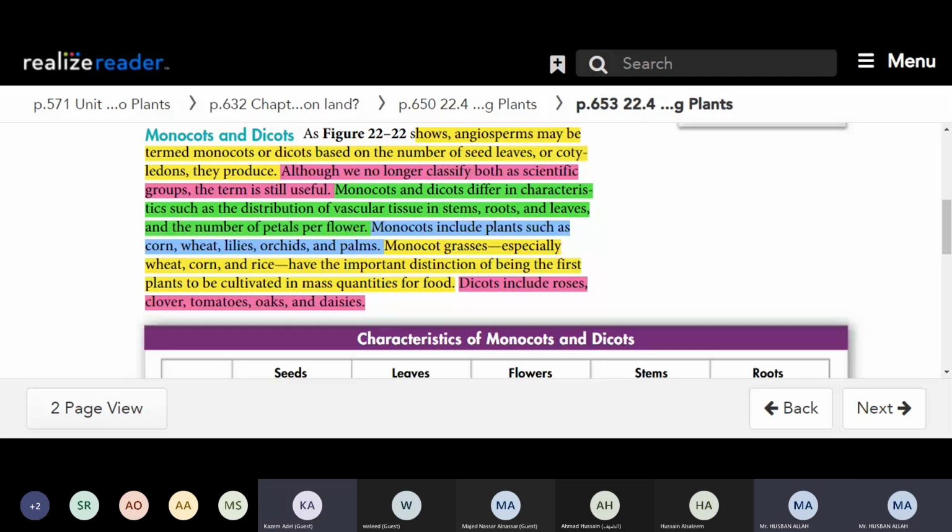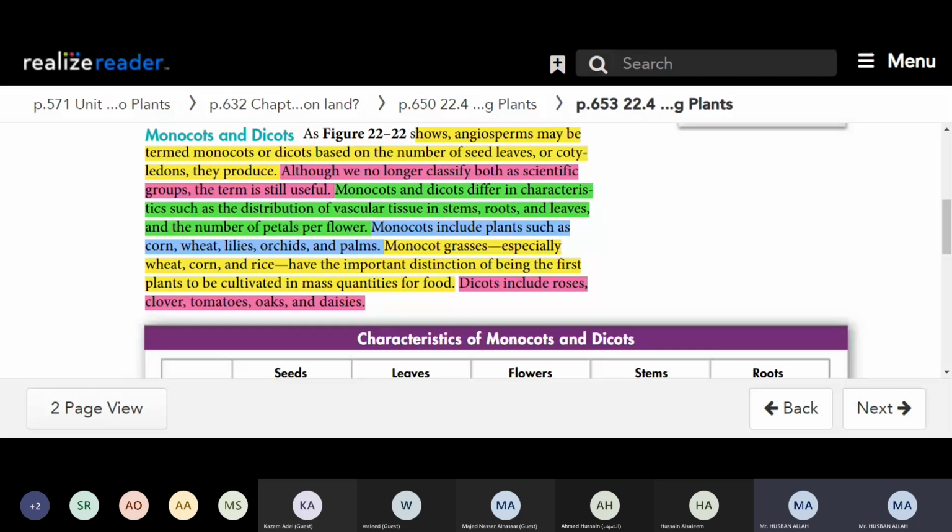Okay. So now if you look at figure 22.2, which is on page number 653, they give you monocot, dicot, their seed, their leaves, their flowers, stem and roots, meaning all the parts of their plant body are here, right? So you will see its classification, you will see its similarities and differences. Angiosperms may be monocot or dicot based on the number of seed leaves or cotyledons they produce, right?